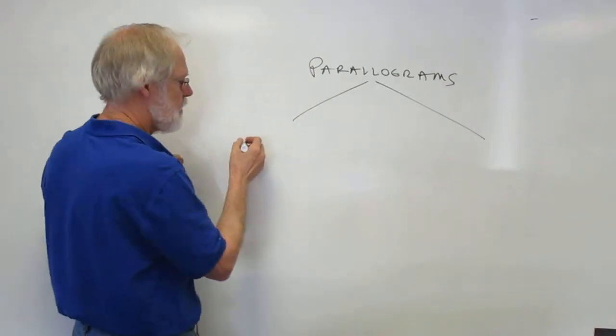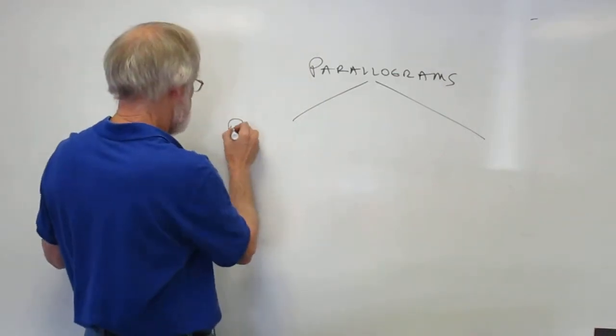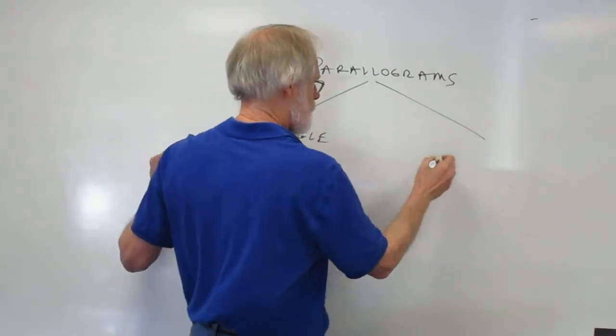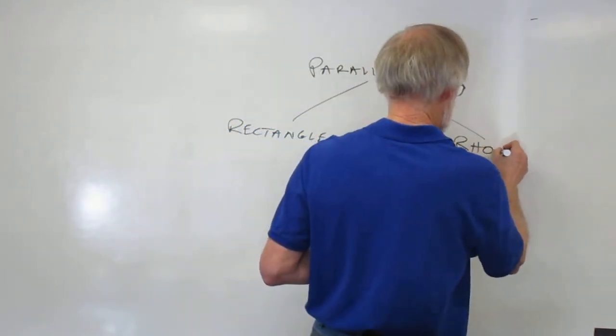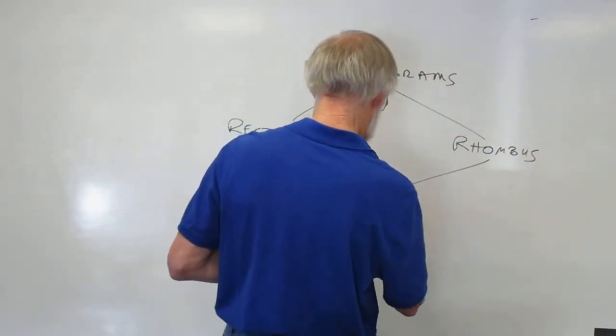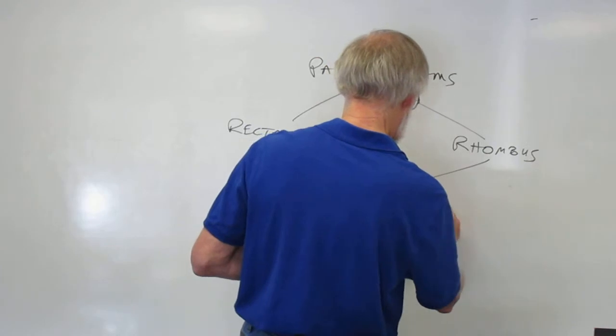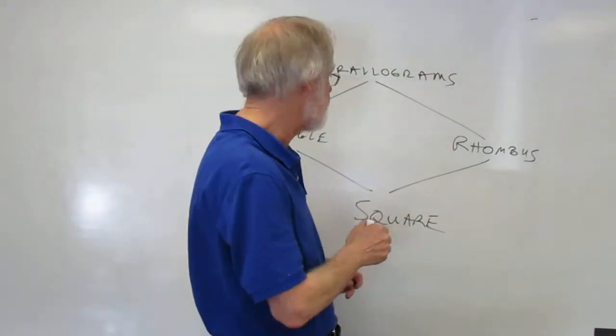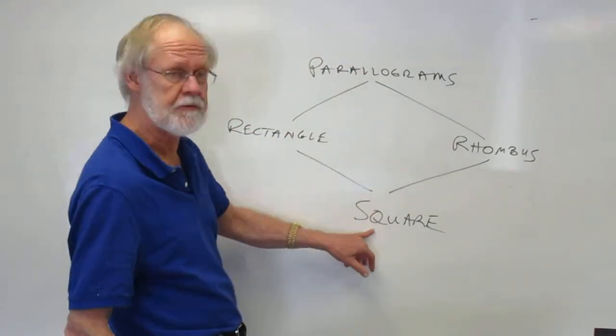Now, parallelograms divided off into a rectangle and a rhombus, and then a square, which is the product of the marriage of the rhombus and the rectangle. So the squares are the babies.